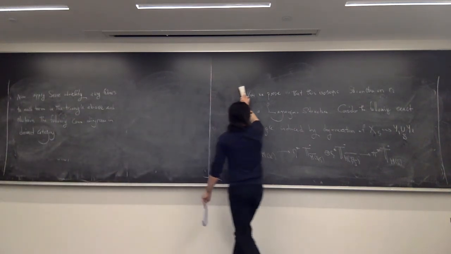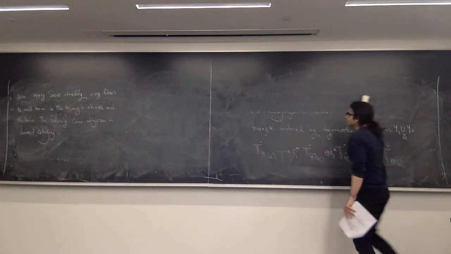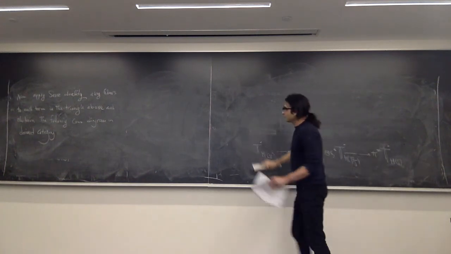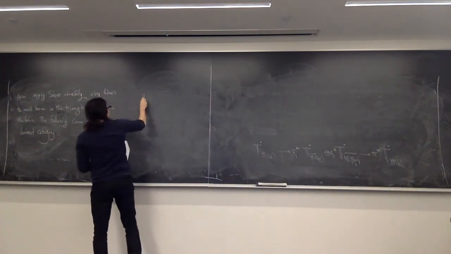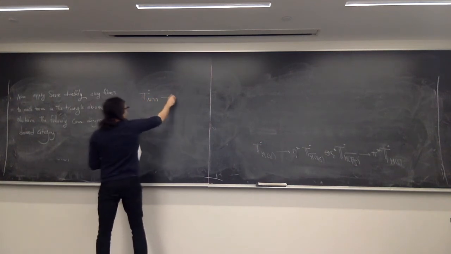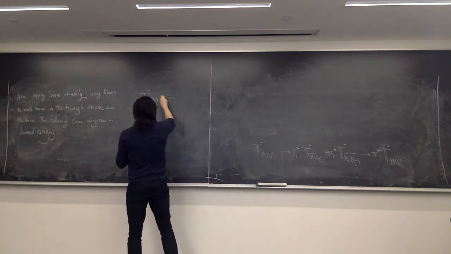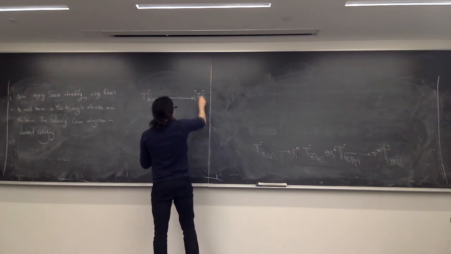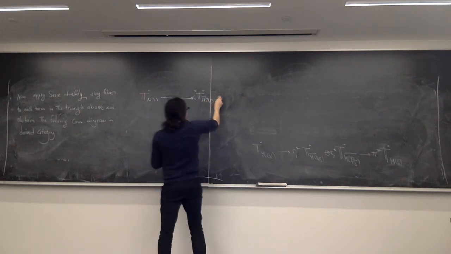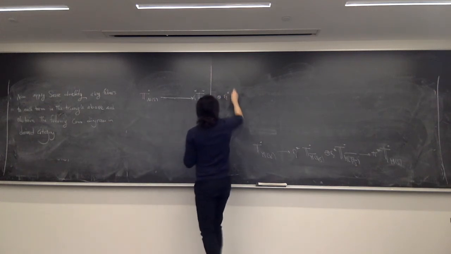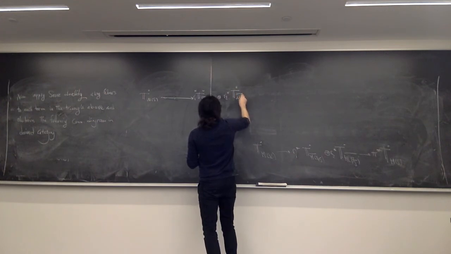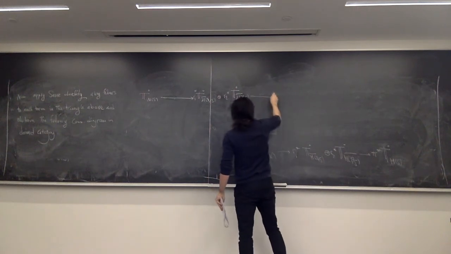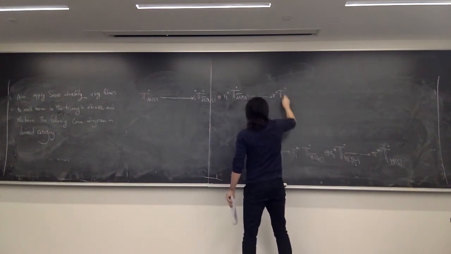You will have T dot of M of X goes to, I'm writing that down, R1 upper star of T dot of M of Y1 plus R2 upper star of T dot of M of Y2, and then you go to pi upper star of T dot of M of X.